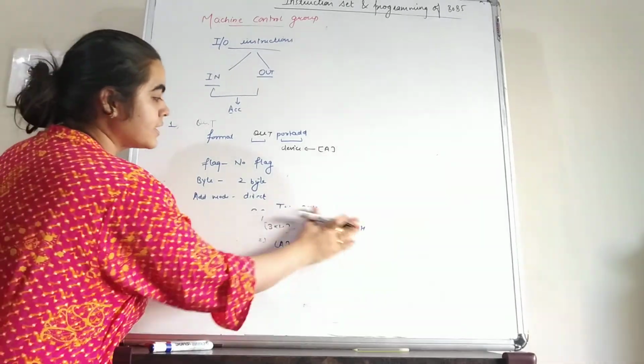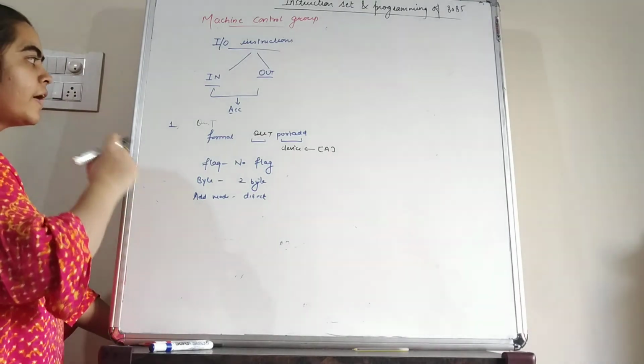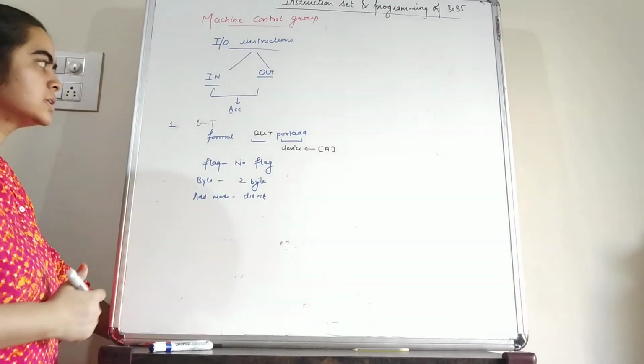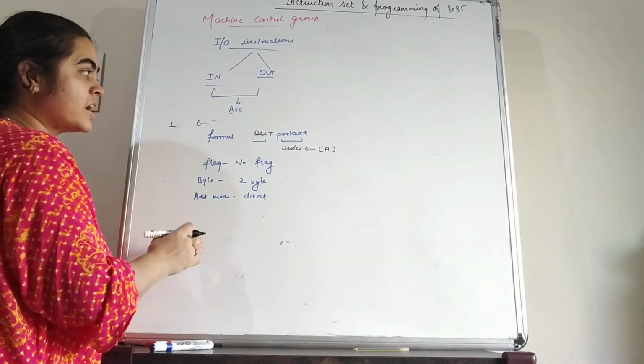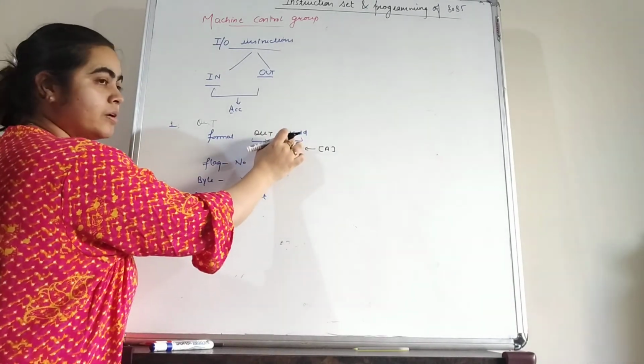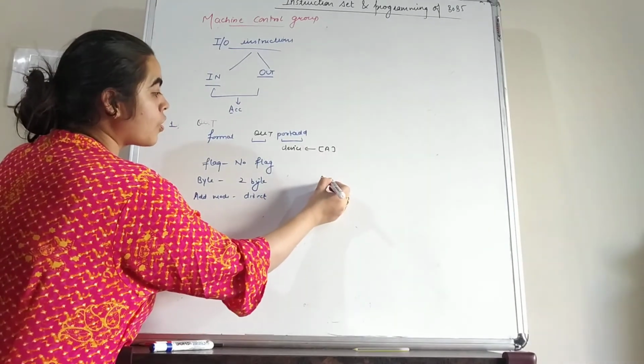Next we can see the example. Now students, how will this instruction work? When this instruction is being executed by the microprocessor, the microprocessor will send the 8-bit address over the address bus, on the lower order byte.